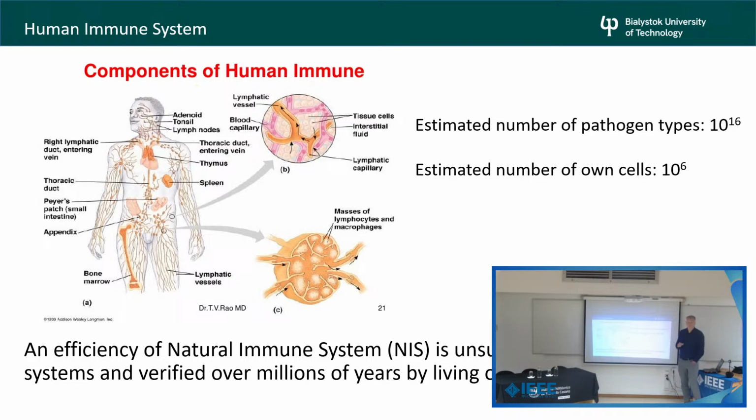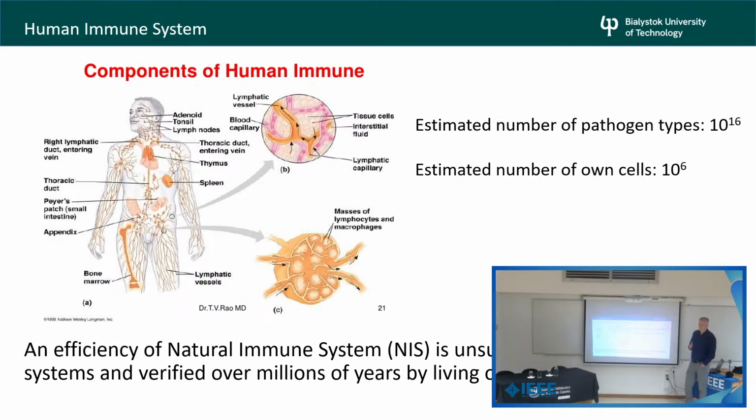So the immune system is able to recognize a certain amount of things, but it mainly uses only the information about ourselves. To protect the body, we don't need information about the pathogens.